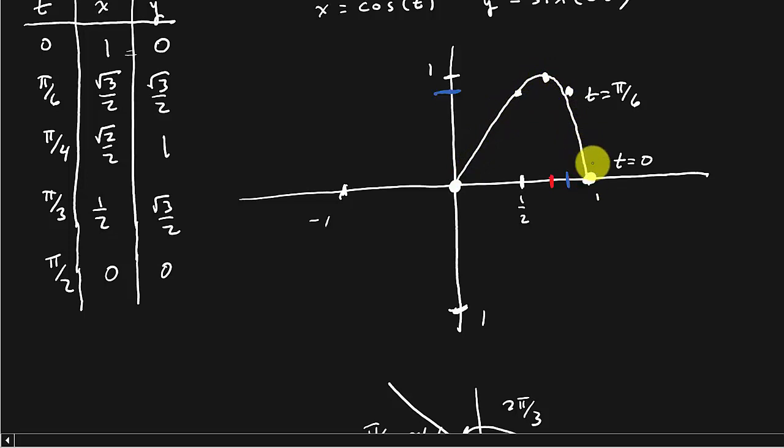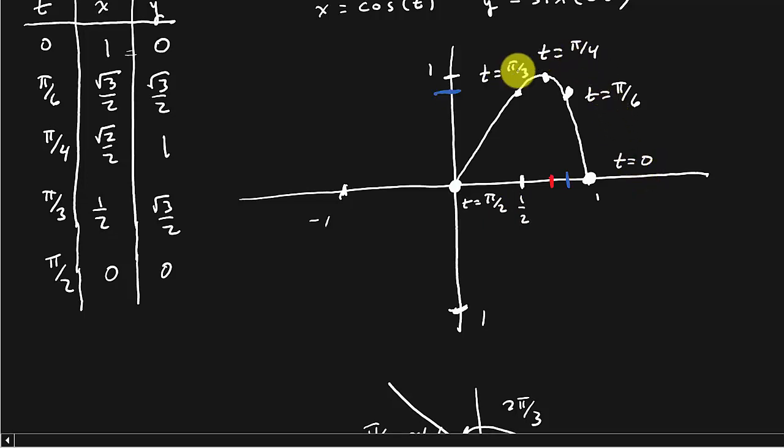Okay, there it is. And remember, this is when t is equal to pi over 4. This is when t is equal to pi over 3. And this right here was when t equaled pi over 2. All right. So that's gonna help us get the direction.